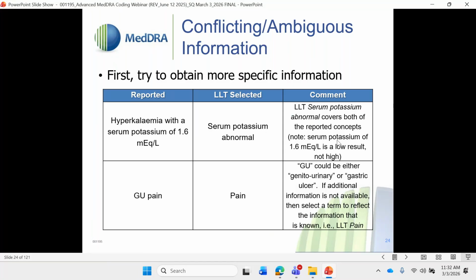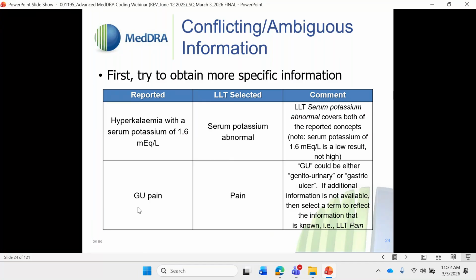Because serum potassium abnormal covers both of the reported concepts: the part where the lab value is low and the part where it's saying high, hyperkalemia. So in order not to code either high or low, you just say abnormal. Very important thing to remember. This is going to be tested in our upcoming coding exercises, so keep that point in mind.